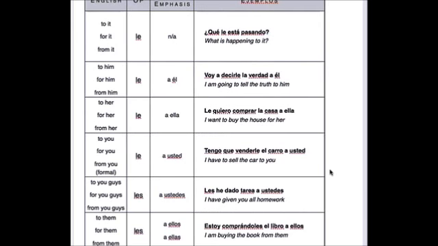Right? To give. ¿Cómo se dice to give? Dar. ¿Cómo se dice? I have given him everything. Or I have given everything to him, which is the same thing.